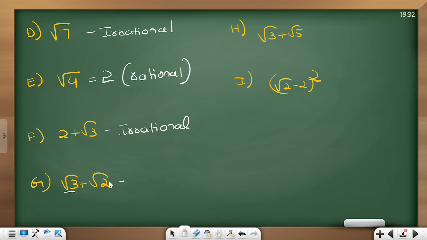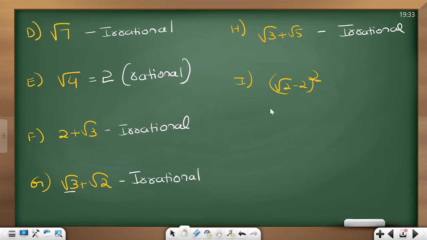When you add 2 different irrational numbers, you might not always get irrational, sometimes rational also, but here root 3 and root 2 are completely different numbers, so when you add them you are going to get irrational only. Here also root 3 plus root 5 is again going to be irrational. They are 2 completely different numbers.